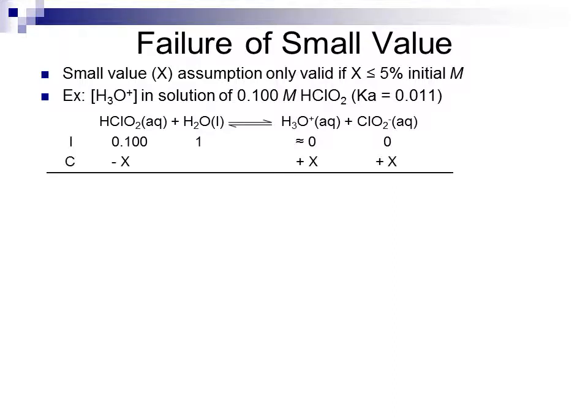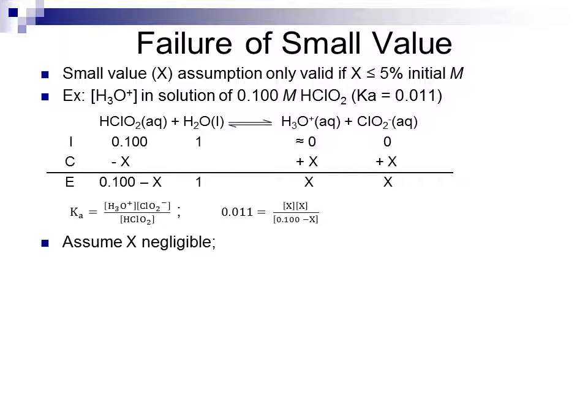The change is negative X and then positive X respectively for the two on the right hand side, giving us an equilibrium expression of 0.1 minus X and then X and X. Plugging that into our Ka value, our Ka is 0.011, our values of X are X on top, multiplied together, then divided by 0.1 minus X.